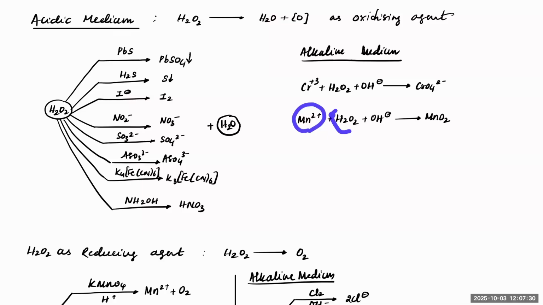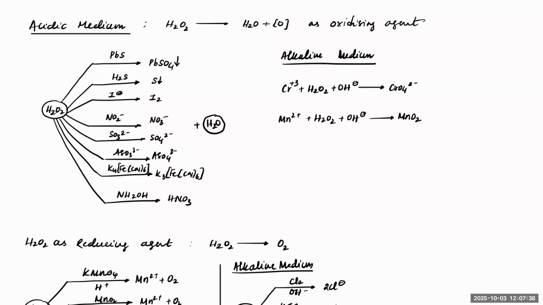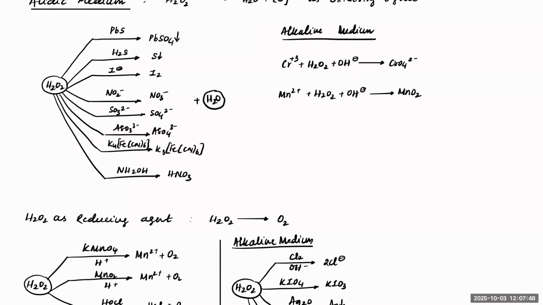Mn plus 2 with H2O2 plus OH minus will give MnO2. So it is oxidizing Mn plus 2 also. Have you noticed, in alkaline medium its oxidizing nature is very less. So it is mostly the acidic medium that you need to look into.